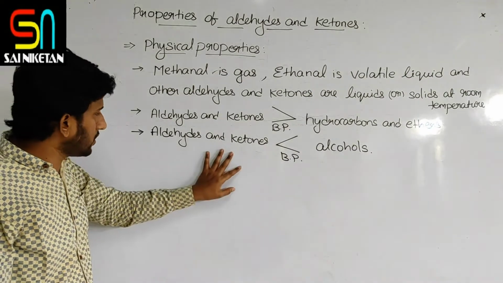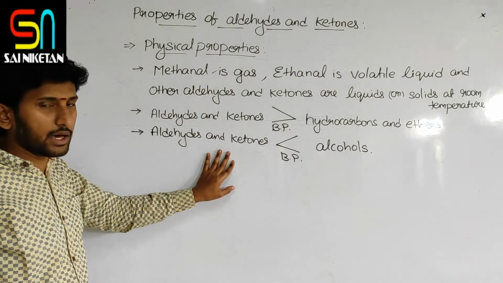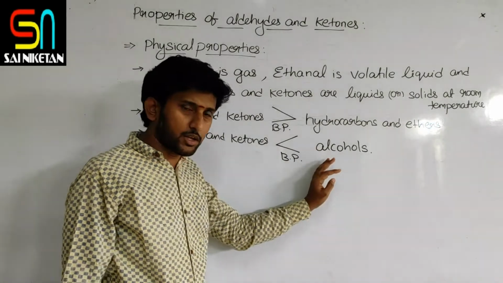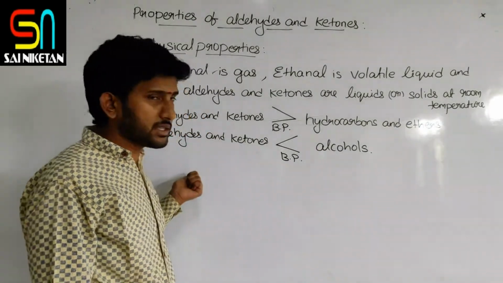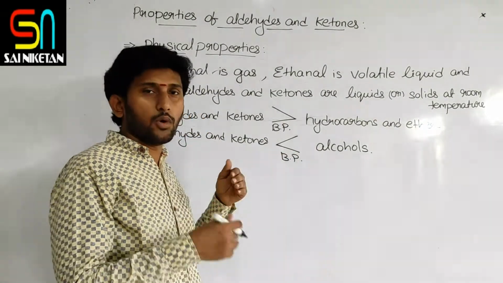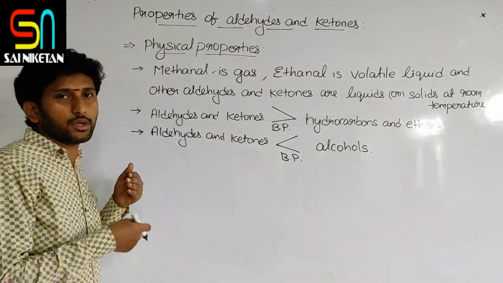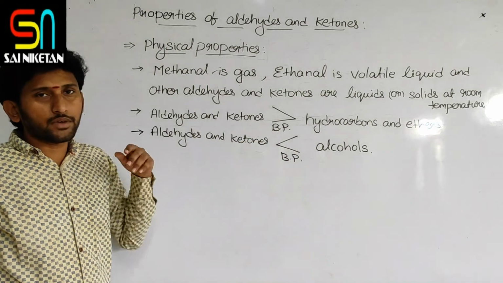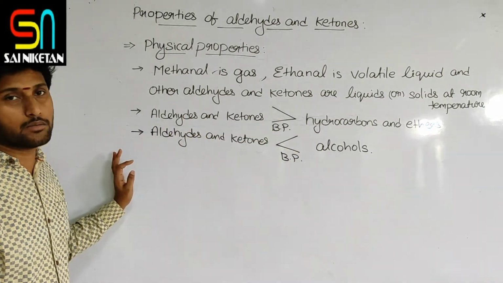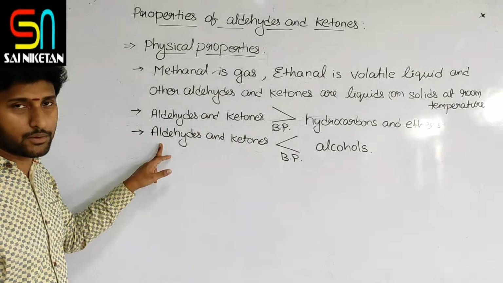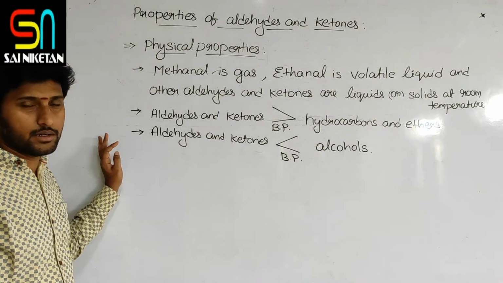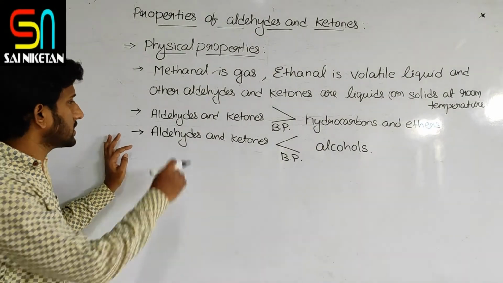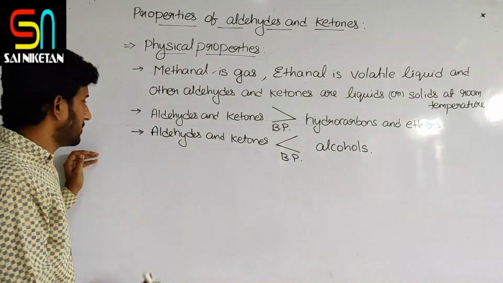Because even though aldehydes and ketones are polar, alcohols are also polar. But what is the thing is, in alcohols there is more intermolecular hydrogen bonding. That's why the boiling point of comparable alcohols are more than that of the respective aldehydes and ketones. So that is what we are comparing here, boiling point.